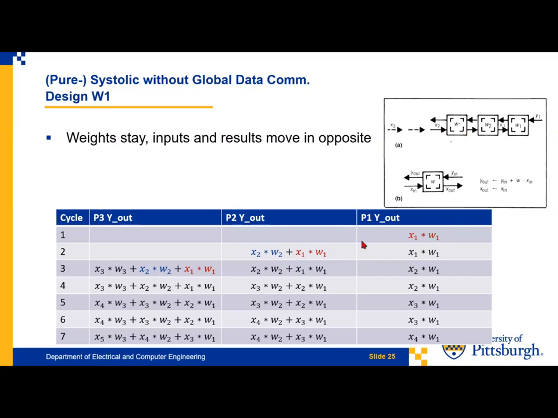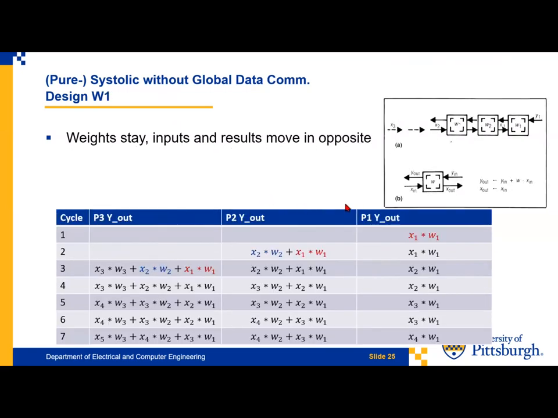So at the first cycle, x1 times w1 gives a result, and following the definition, the result is propagated to the next processing element and accumulated with x2 times w2, and then propagated to PE3 to get the final result.